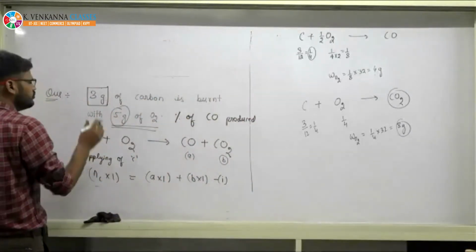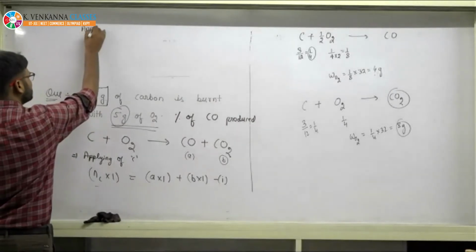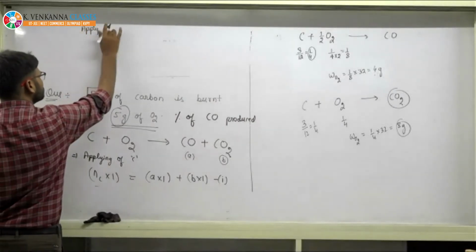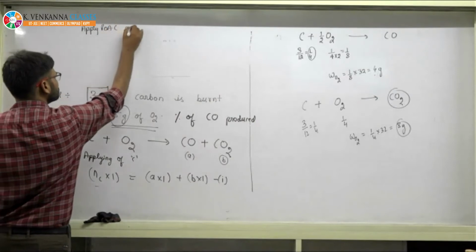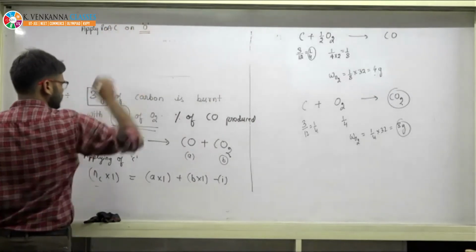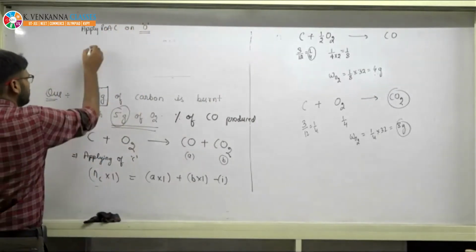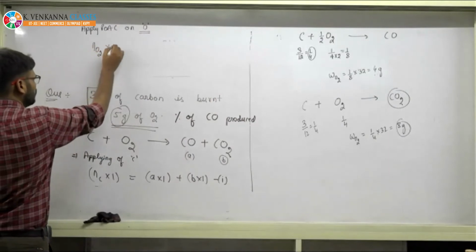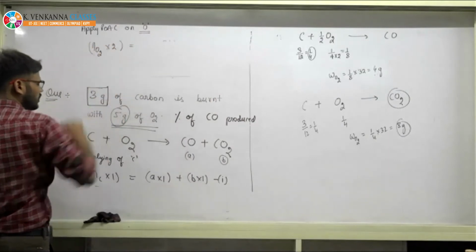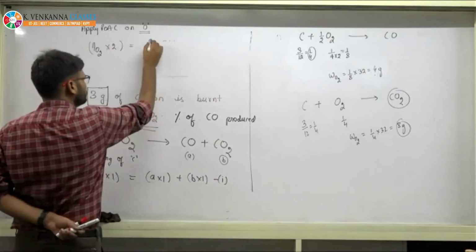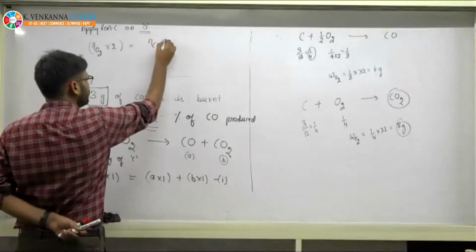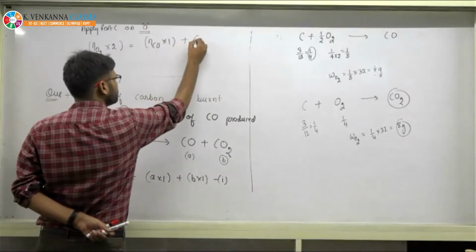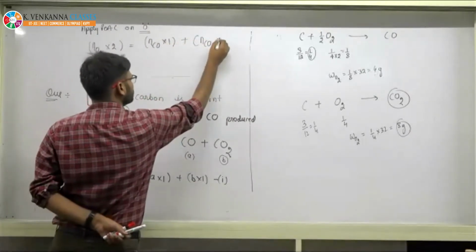The second equation: applying POAC on oxygen. Moles of oxygen into 2 is equal to moles of CO into 1 plus moles of CO2 into 2.